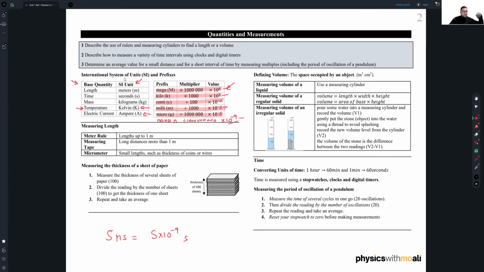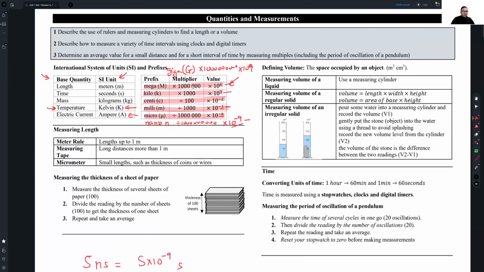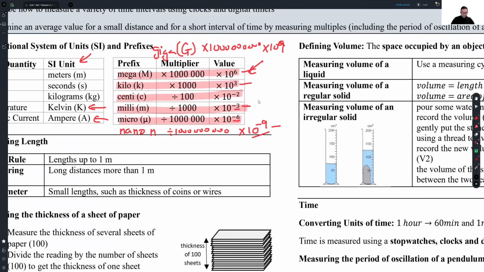And if you're curious, there is actually something even larger, which is called giga, like gigabytes in your memory. And that's times 1,000 again, or 10 power 9. So there's a big amount of symmetry here for all of the prefixes that you have. Okay?